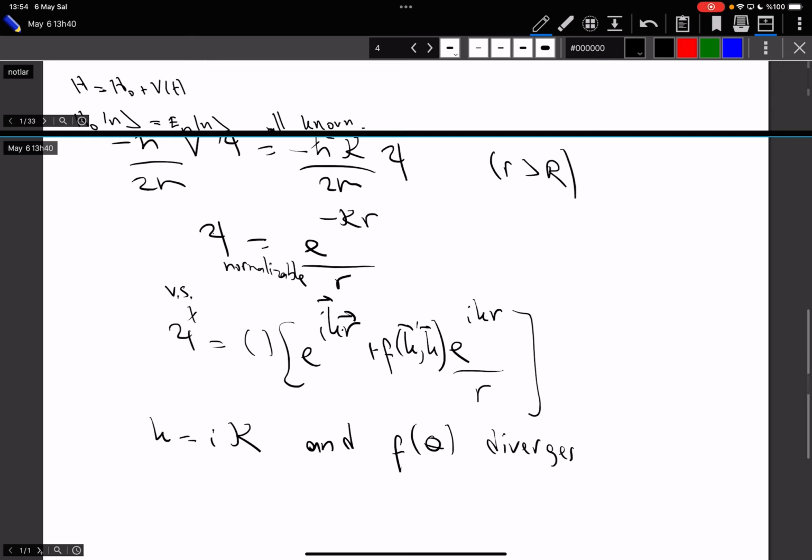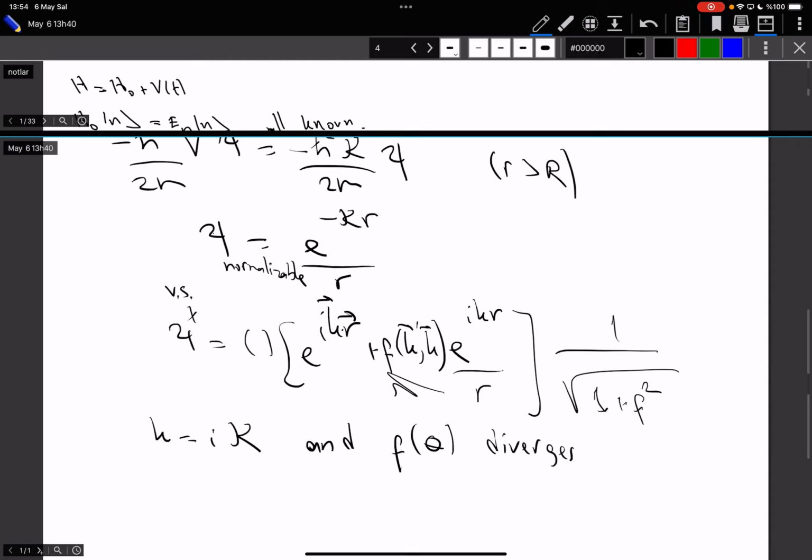Now, why will they have this form? Remember, we have to normalize the wave functions properly. If f diverges, it only means that with proper normalization, the first term will be absent. If I properly normalize it, I should divide this by 1 plus f squared with some such function.